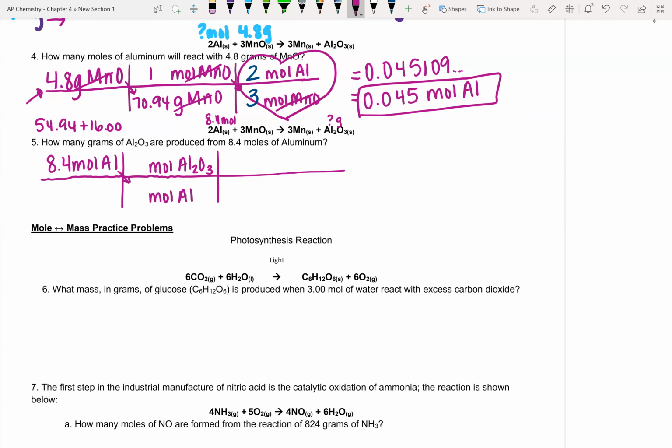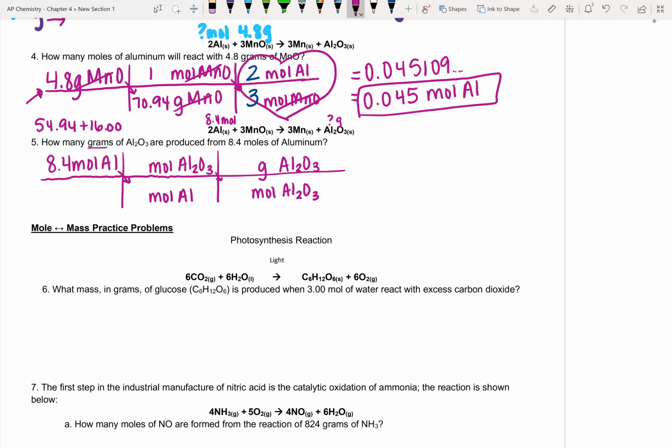The next step, drag my units down, moles of aluminum oxide. Now, I do have moles in the denominator, but I've already done the mole to mole ratio. What I need to put in the numerator is what I'm solving for, and that is grams. So this last step here will have the molar mass of the aluminum oxide.